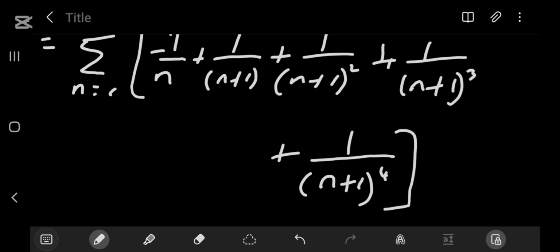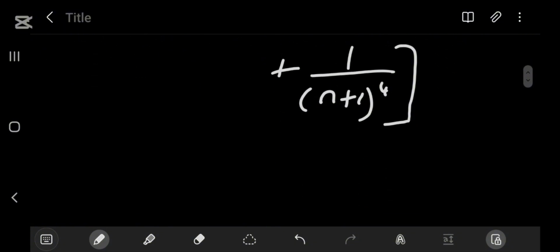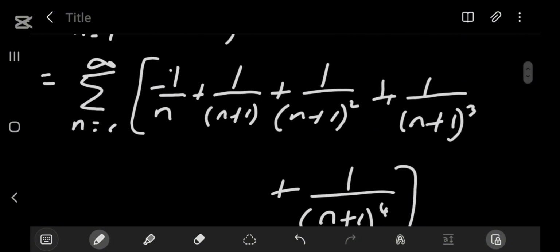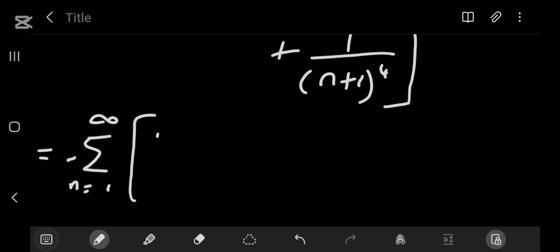That's it. Now if we distribute the sigma inside of this, I'm going to take that minus sign out of the equation, so I'll be left with minus the sum from n equals 1 to infinity of 1 over n minus 1 over n plus 1.